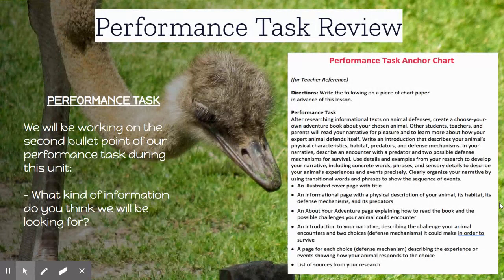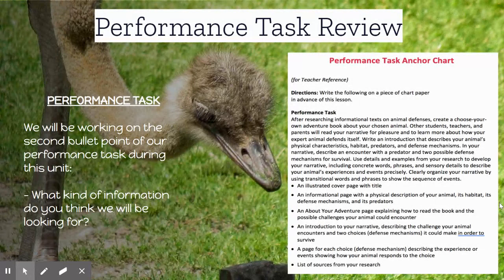We're going to write an introduction that describes the ostrich's physical characteristics, habitats, predators, and defense mechanisms. And then in a narrative, we're going to describe an encounter with a predator and two possible defense mechanisms that the ostrich would use for survival. One physical defense mechanism and one behavioral defense mechanism.